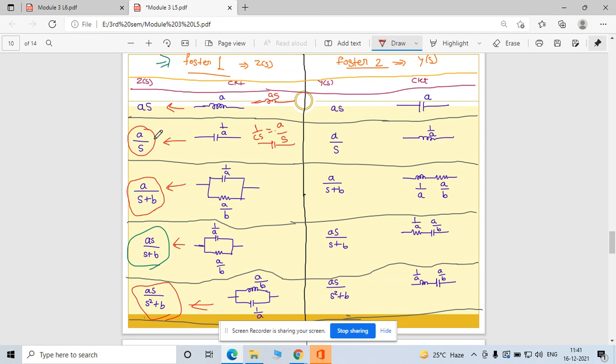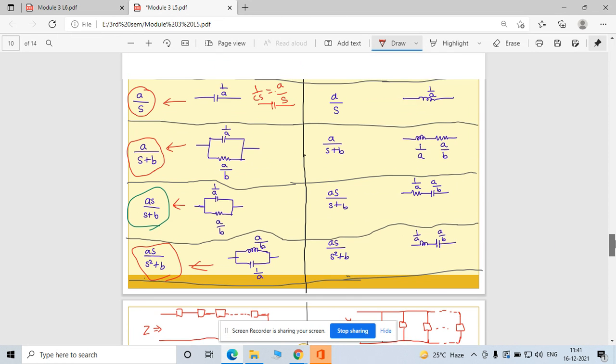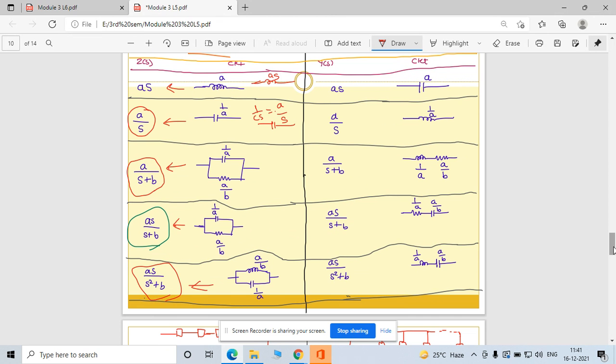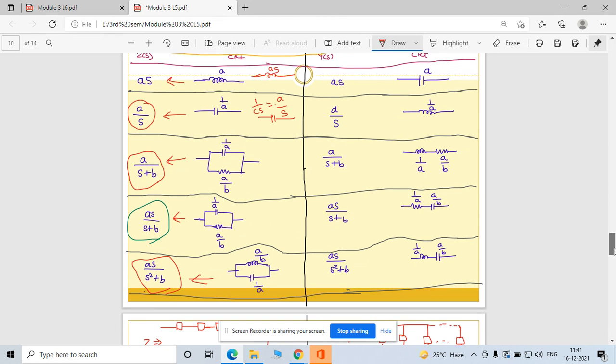You have to learn this, or you can also find it at the time, but that is time consuming, so it is better to learn this format circuit and keep it in your mind. It is better to analyze at the time of examination, so it saves your time.